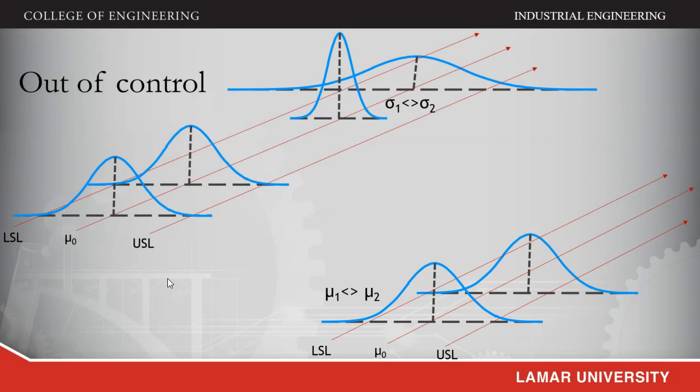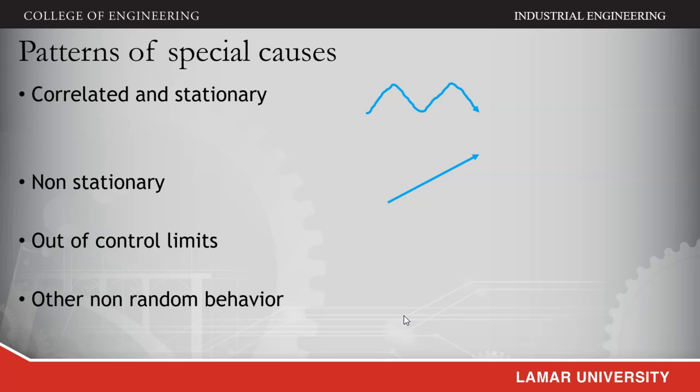Now, being in control is not the same as being in compliance. We also are going to discuss that. Some of the situations in which we could find that the process is out of control, even though there is no change in the mean, is, for instance, when it's correlated and still stationary. When it's correlated and stationary, it means that it still fluctuates around the same mean, but it doesn't do it randomly.